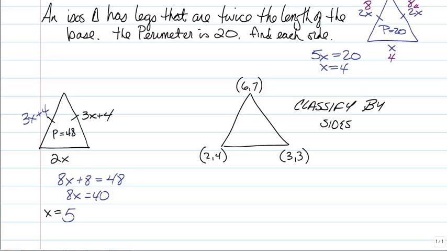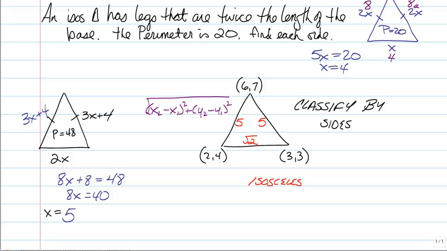So you're going to have to use your good friend, the distance formula, for all three sides. And once you have the length of all three sides, you can classify this triangle as either scalene, isosceles, or equilateral. So why don't you pause the video and find the distance of all three sides, and we'll see if you did it correctly.